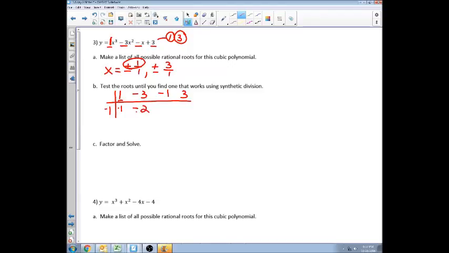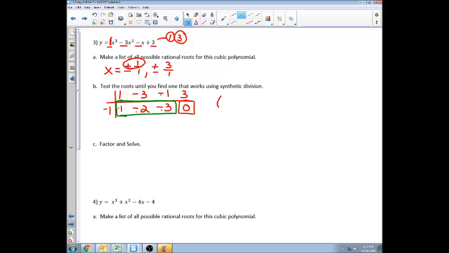Negative 2 times 1 is negative 2. Negative 2 plus negative 1 would be negative 3. Negative 3 times 1 is negative 3. Negative 3 plus 3 is 0. That is my remainder. So 1, negative 2, and negative 3 do work for me.